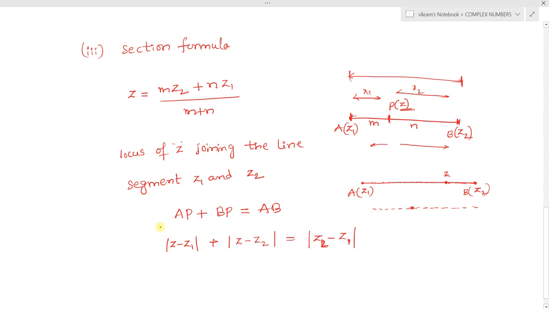The modulus is a quantity and the result is the same, either Z1 minus Z2 mod or Z2 minus Z1 mod. So we can write it as Z2 minus Z1.